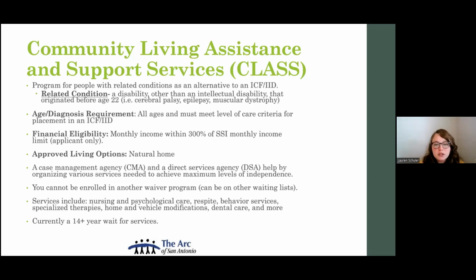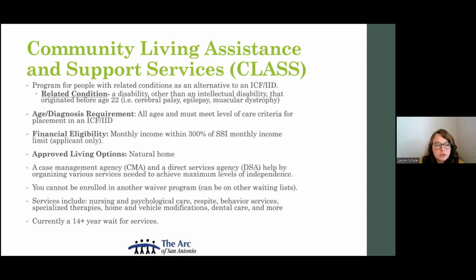All ages, just has to be that the disability was onset before age 22, and you must meet level of care criteria for placement in an intermediate care facility for individuals with intellectual disability. But then the goal is also to not have that individual placed. You want to keep them at home or in the community instead of those facilities.